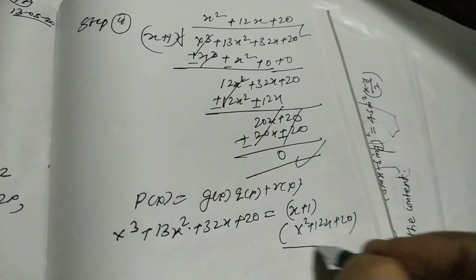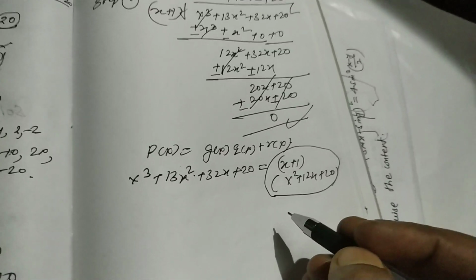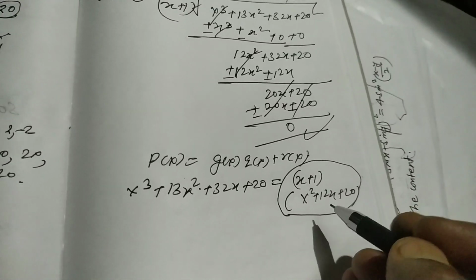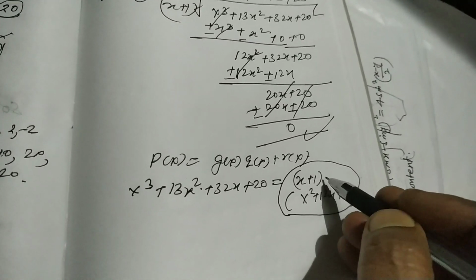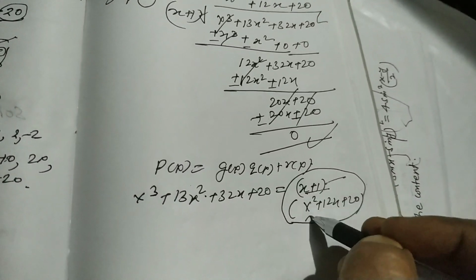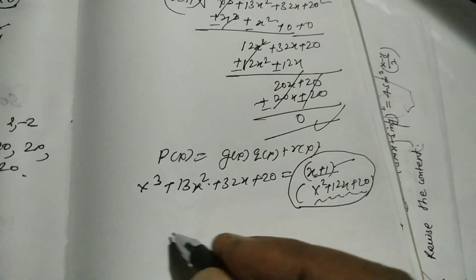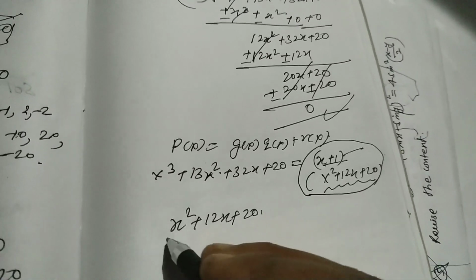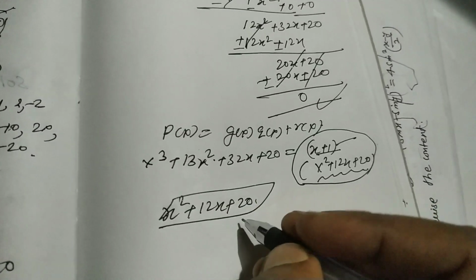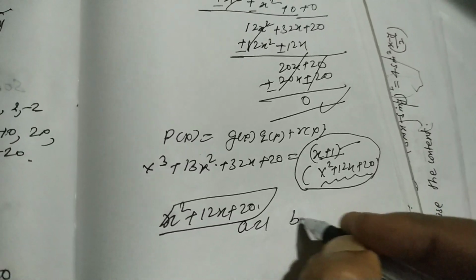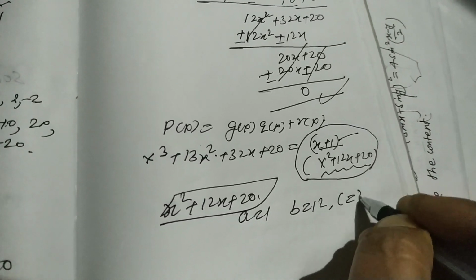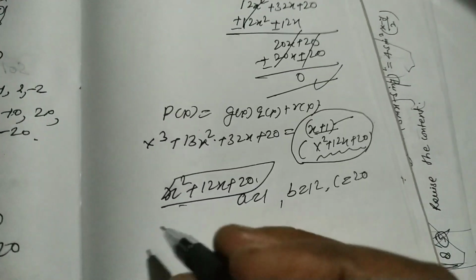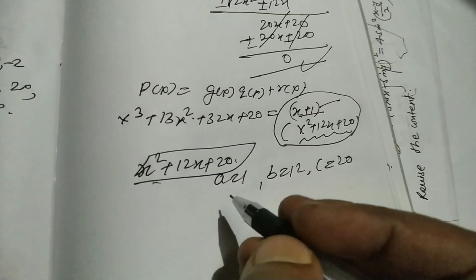But if you want the factors as linear polynomials, this is a quadratic polynomial, so we have to solve x square plus 12x plus 20, where a is 1, b is 12, and c is 20. That is a quadratic equation that we solved previously.